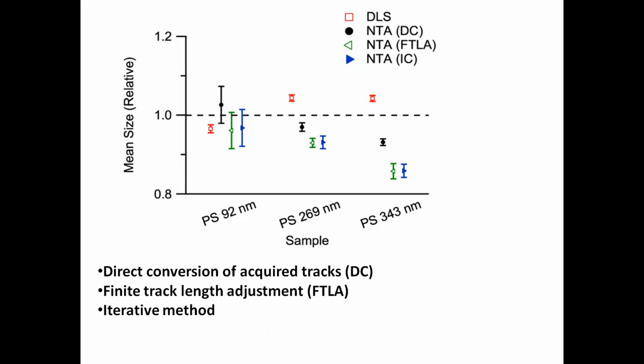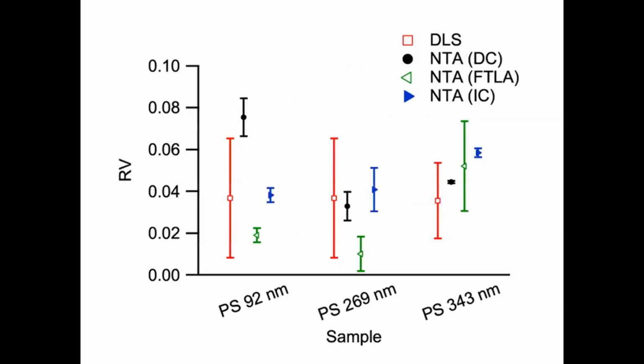Finite track length adjustment is abbreviated as FTLA, and the interactive method is mentioned as IM or IC. Here you can see the red one is DLS.